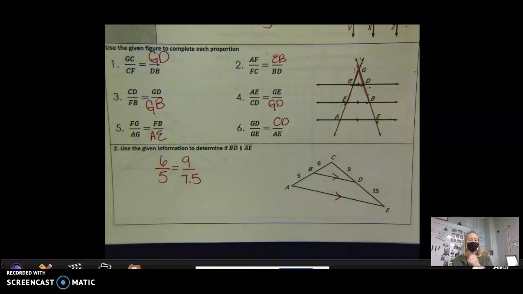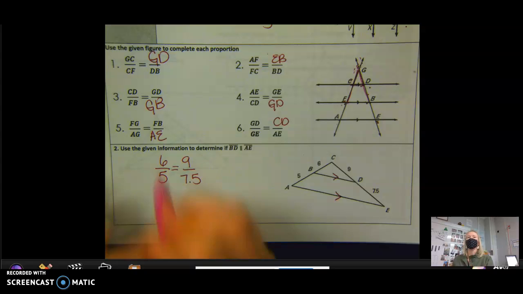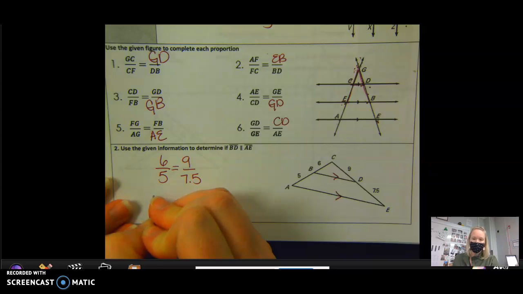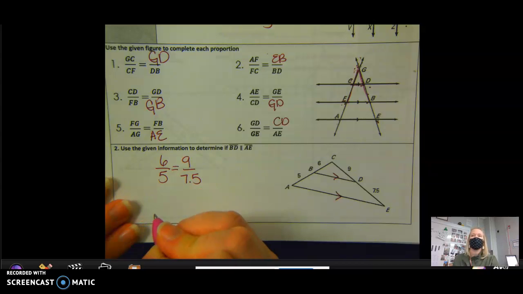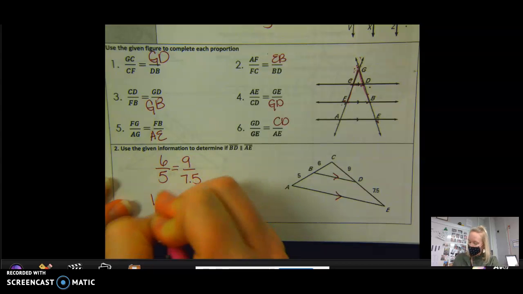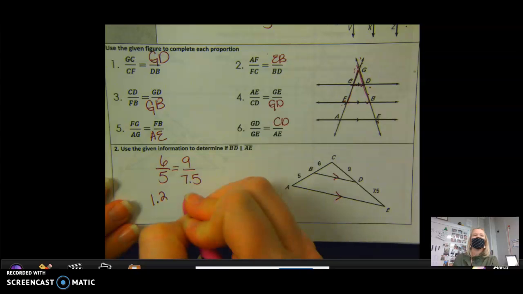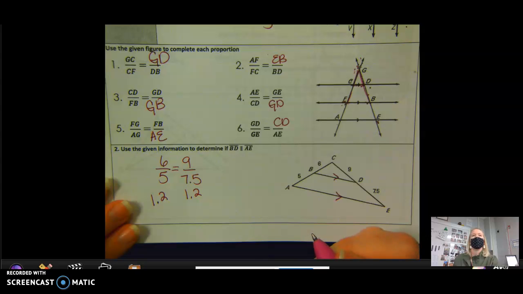So take both fractions and turn them into decimals. What is 6 over 5 as a decimal? Yep. And what's 9 over 7.5 as a decimal? What did you say? I'm sorry. 1.2. So are they proportional?